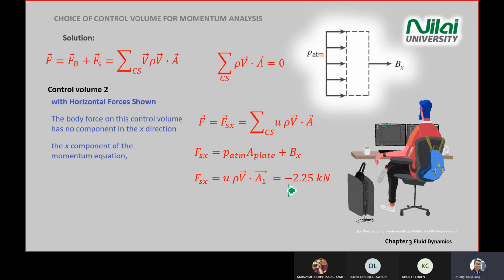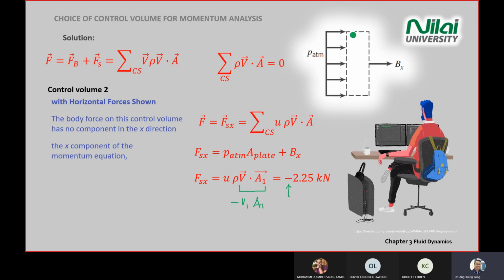You should understand why you get a negative 2.25, by using the concept that we learned in the previous control volume number 1. You should know how to convert this one into the scalar V1 and A1. So you get negative by drawing the opening and the volume. Again, this is the 1.